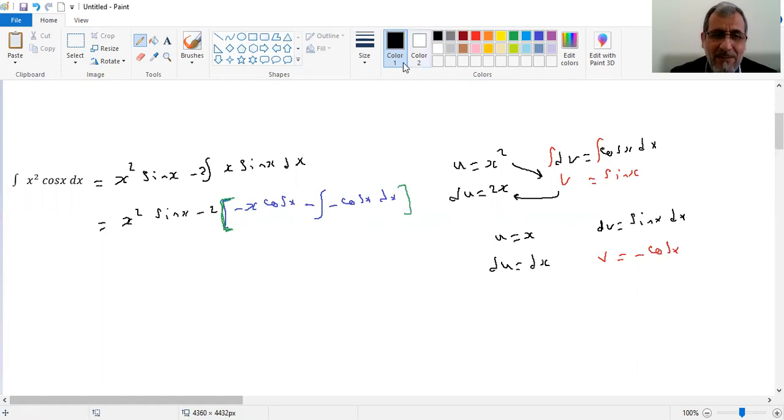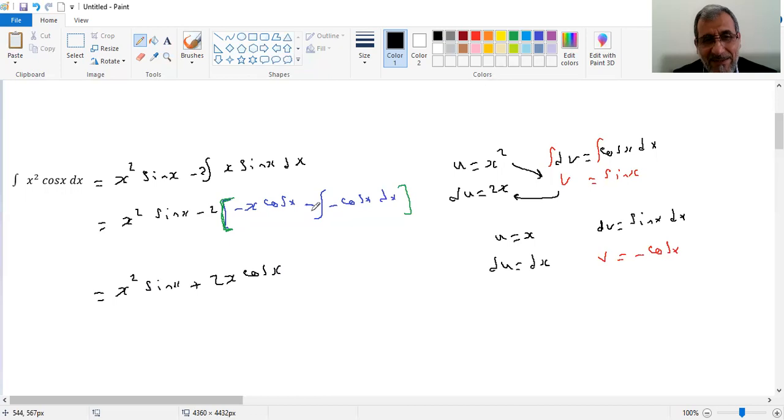Close the bracket. Equal to x squared sine x, and here negative times negative is positive, plus 2x cosine x.